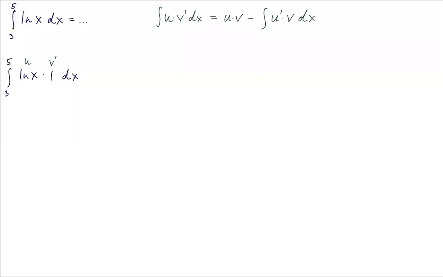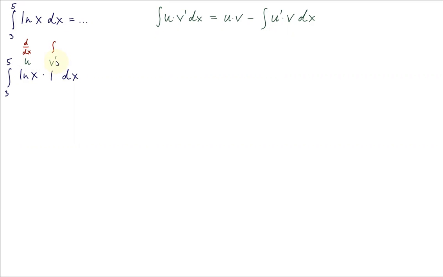For easier problems, you can use any of the methods, but for really complicated ones, that's going to be the shortcut and really helpful way to resolve a complicated problem. So we're going to say we need to differentiate u. Why do we need to differentiate u? Because on the right side of the equation, we need u prime. And I'm also going to say we're going to integrate v prime.